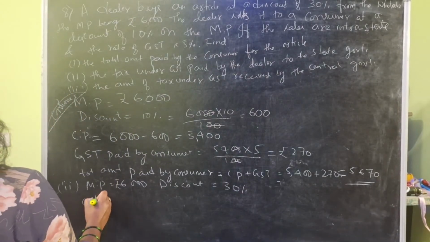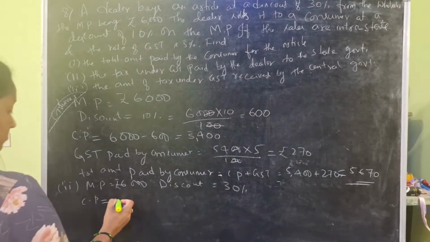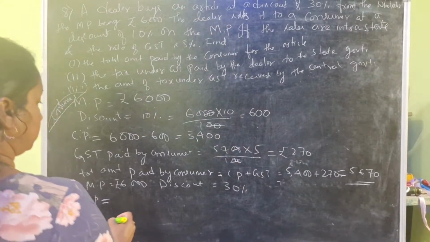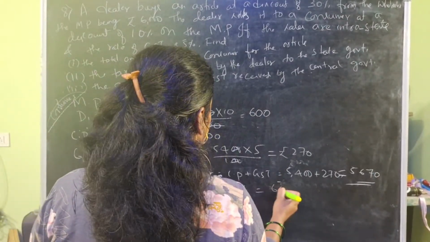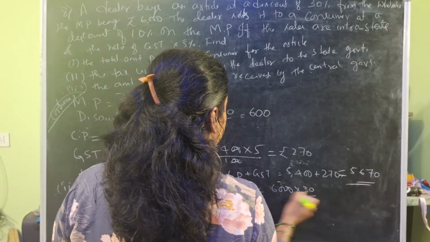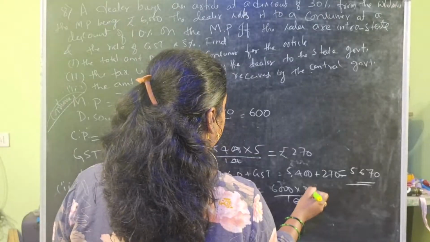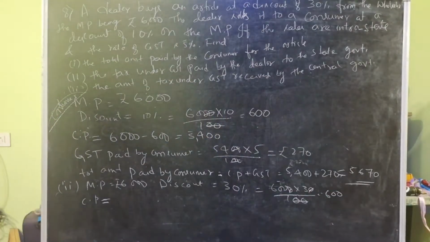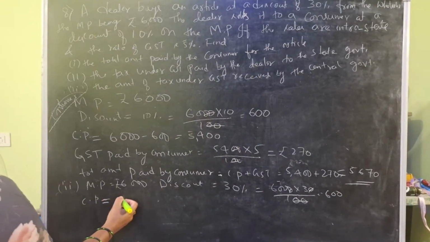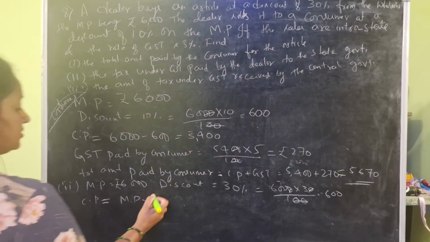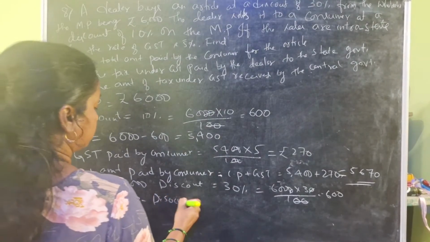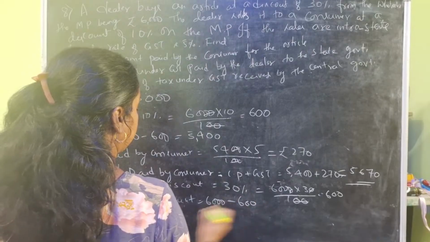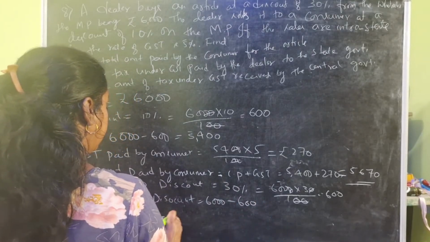Then the cost price is equal to 6,000 of 30%.